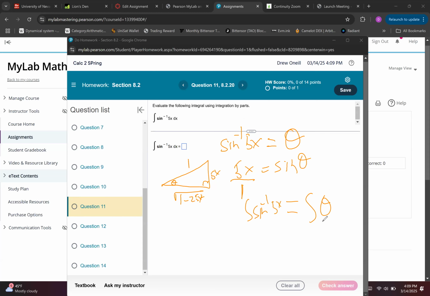It's theta squared over 2. Okay, so what does that tell us? Well, if we took the sine of that, will that work? Let's see. Sine of theta squared over 2.